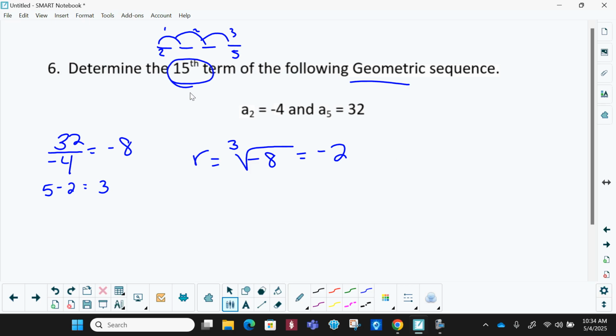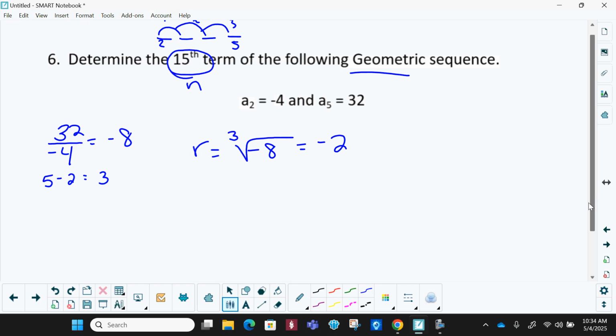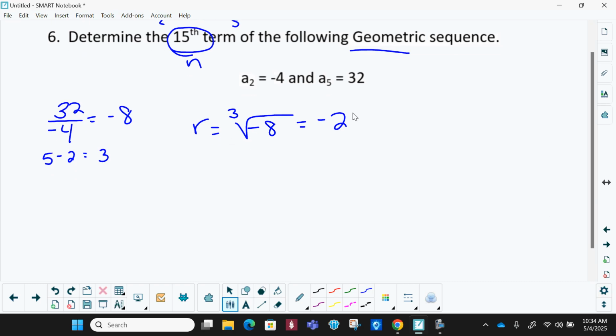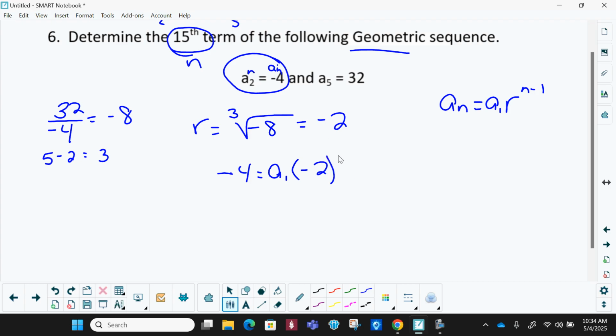Okay, this becomes my r. And then we have to figure out the first term. I've had several people just go backwards. You can do that. I'm going to use this equation. So here's my n, here's my a sub n. So -4 equals a1 times -2 to the 2 minus 1. By the way, this is the only equation we have for geometric because we're not asked to find the sum. So type this all in.